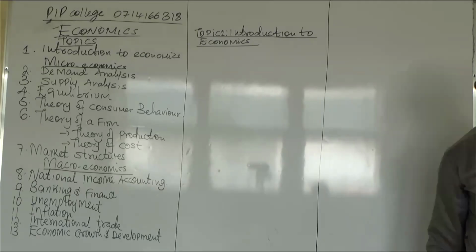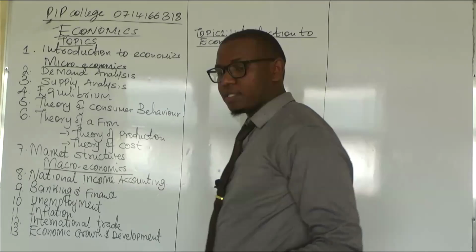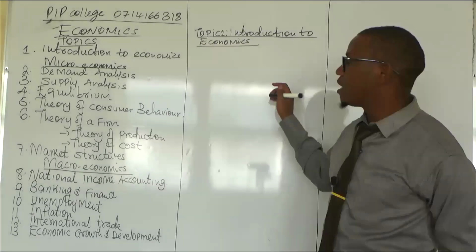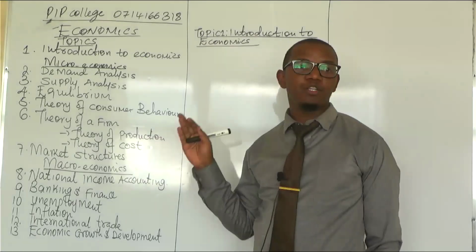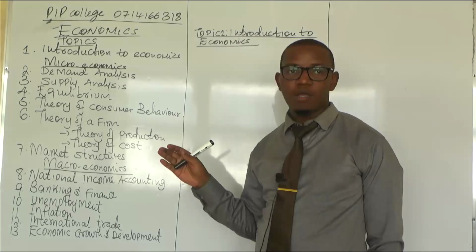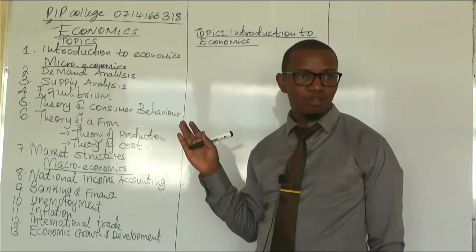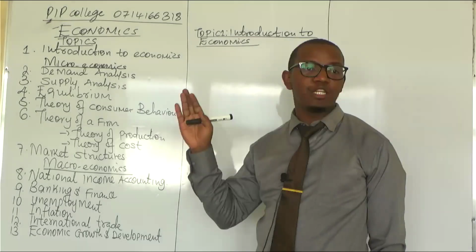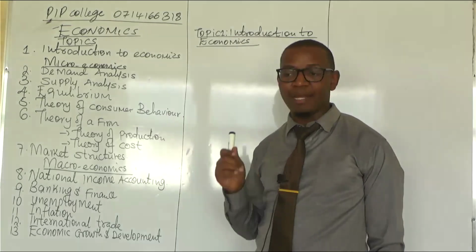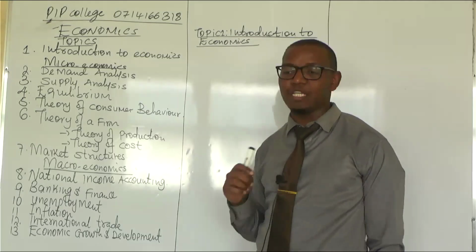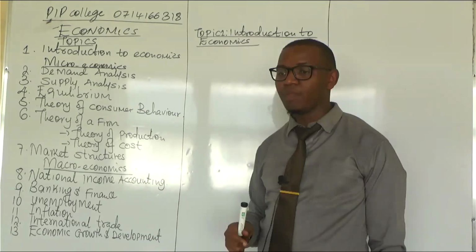Now, as I said, economics here is a social science that studies the allocation of scarce resources, and this is on alternative uses of the limited human wants or the competing needs of an entity or of a consumer or society, etc. That is generally what we mean when we talk about economics.